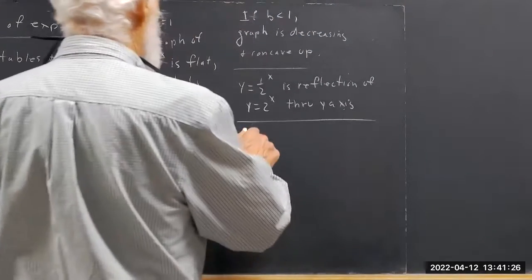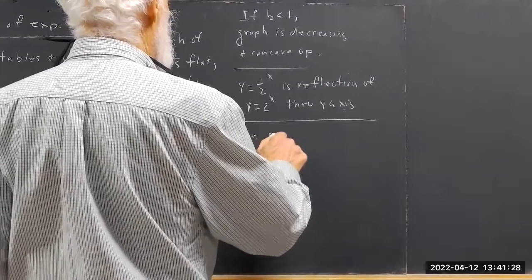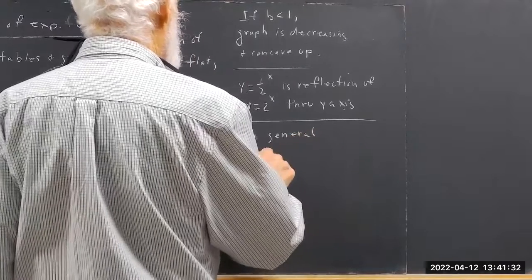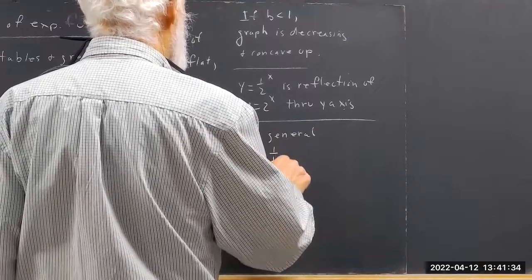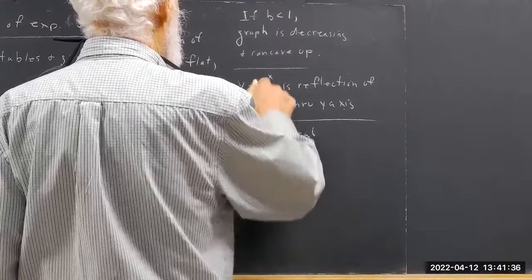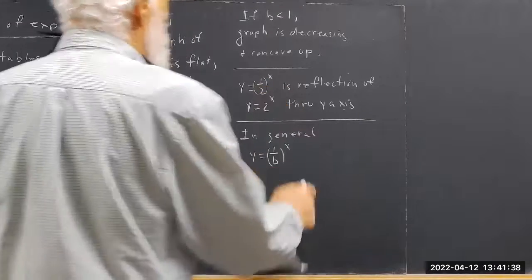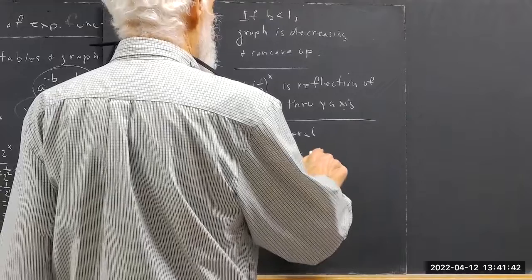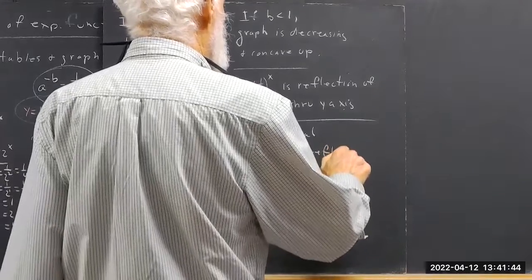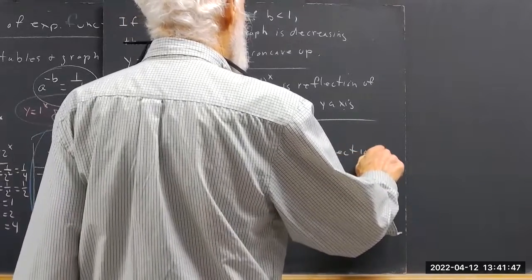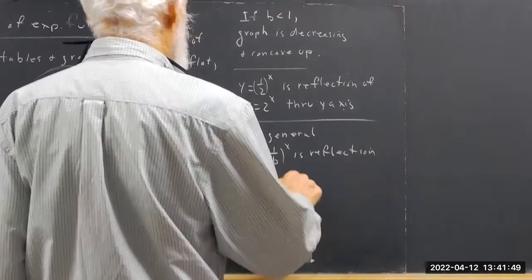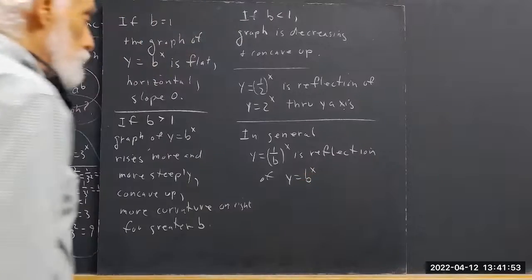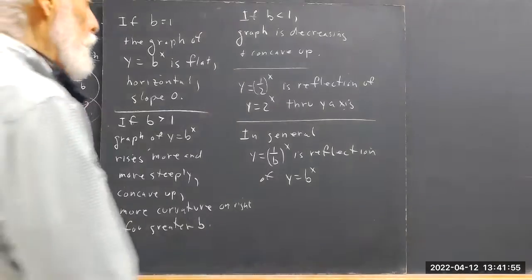So in general, y equals 1 over b to the x is a reflection of y equals b to the x through the y-axis.